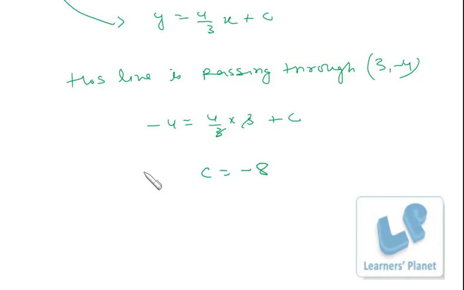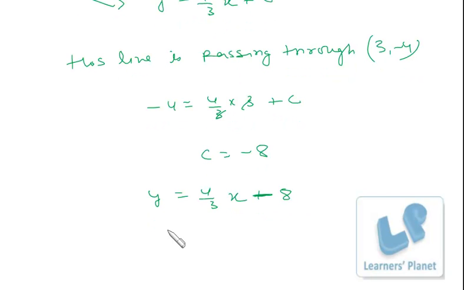So what is the equation of the line? y is equal to 4 upon 3 x plus c. Instead of c I put minus 8, and we can simplify it. 3y is equal to 4x minus 24, or we can say 4x minus 3y is equal to 24.